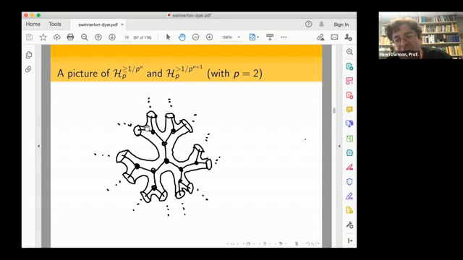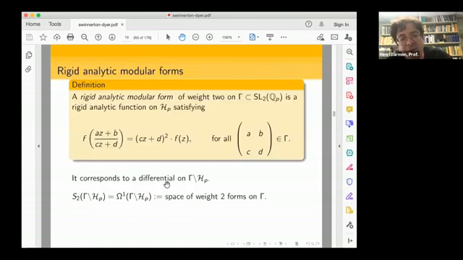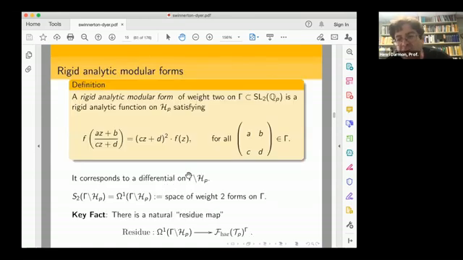And the residue theorem implies that this resulting function on the edges of the tree is harmonic, meaning that the sum over all the edges coming out of a given vertex is 0. And of course, the gamma invariance is a consequence of the fact that the original F is a gamma invariant differential, given that the residue behaves in a perfectly equivariant way relative to this action of gamma.